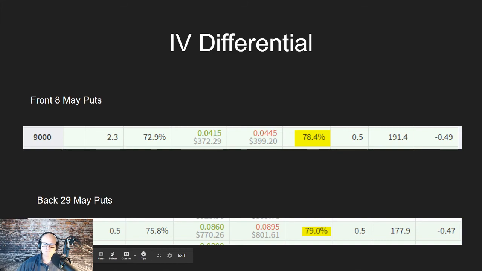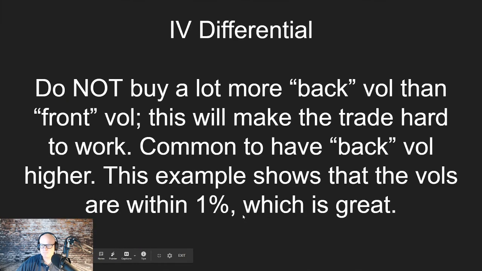So that totally makes sense. And if I'm in the way, let me know and I can get rid of my little face down in the corner. So this example shows that the volatilities are within 1%, which is fine.